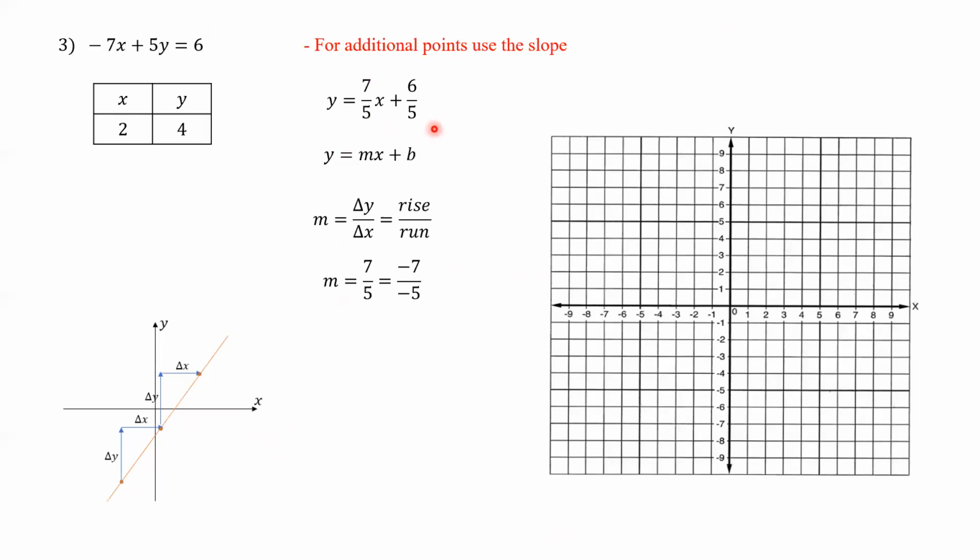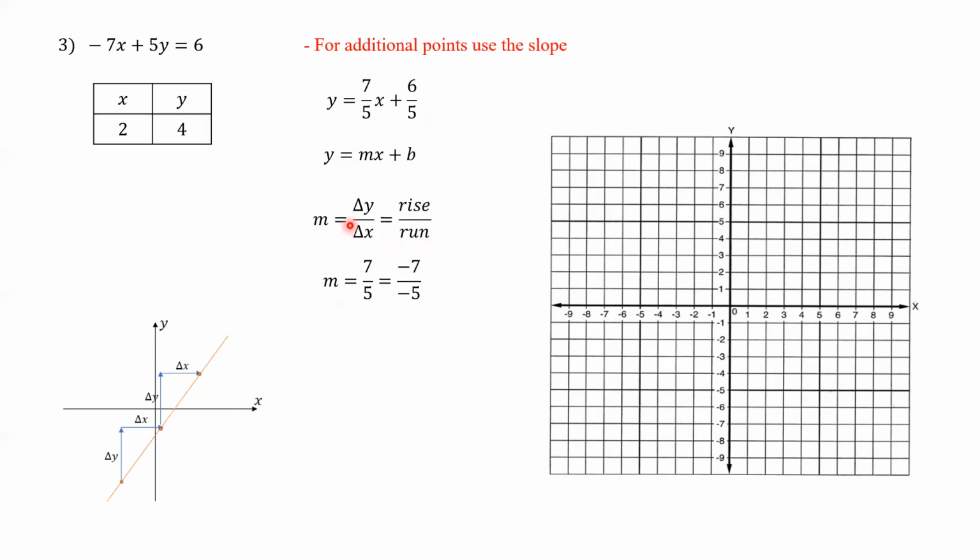So my slope-intercept form, as we said, is 7/5 x plus 6/5. So I can see that the slope is equal to 7/5 and the y-intercept is equal to 6/5. A few words about the slope and how I can use the slope for graphing.